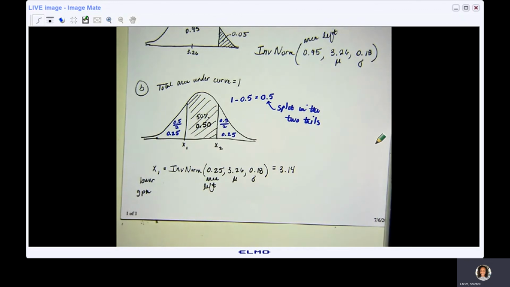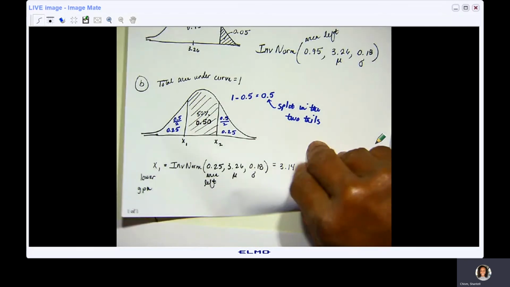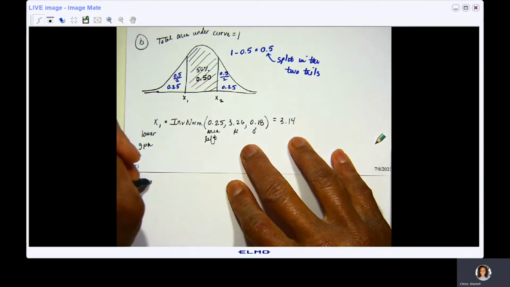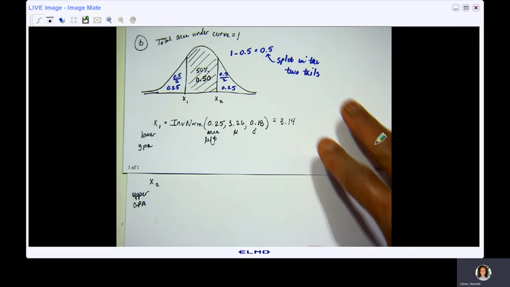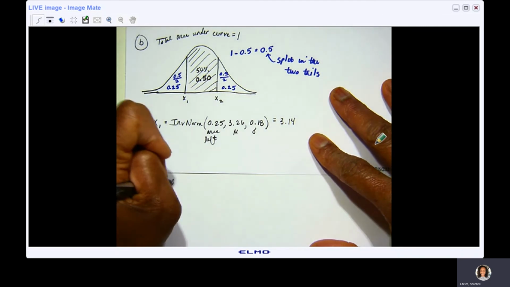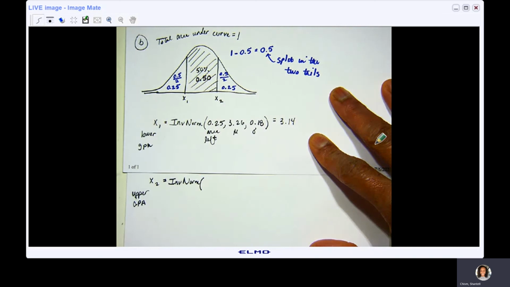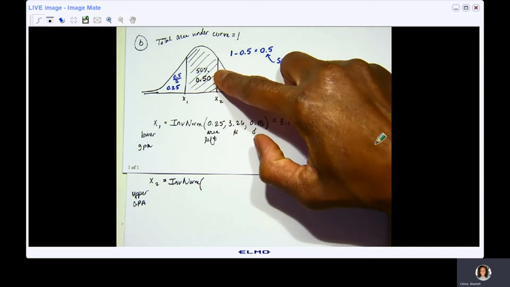To get X2, which is the upper GPA for this middle 50%, I'm still going to use inverse norm, but I have to make sure I use the correct area. So here's X2. I'm looking for the higher end GPA.